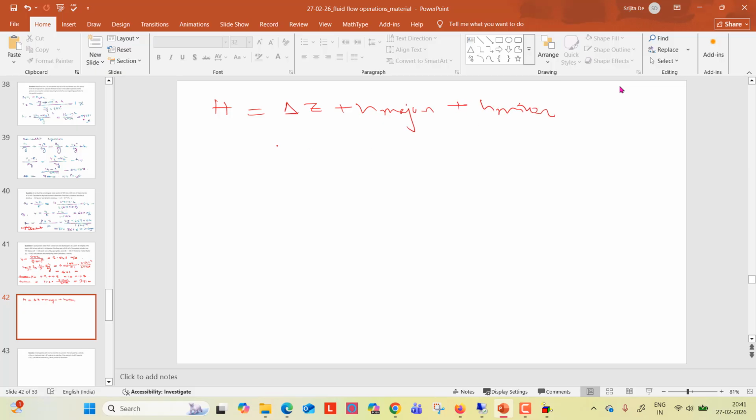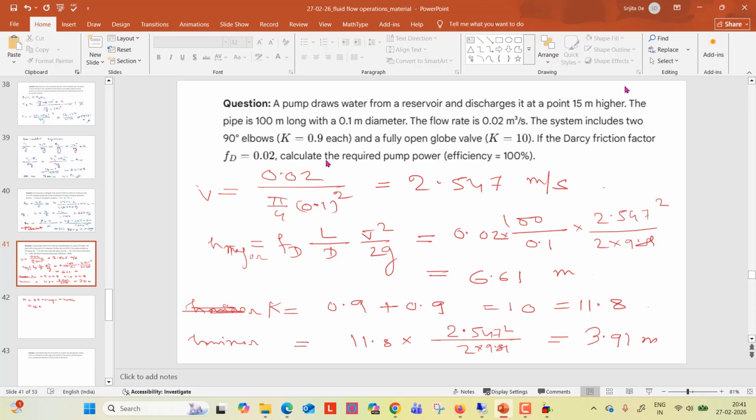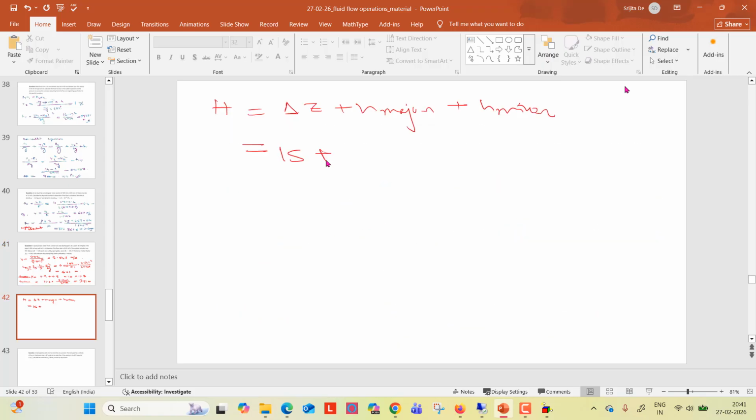So delta Z is 15, H major we have calculated as 6.61, and 3.91. 15 plus 6.61 plus 3.91 is coming as 25.52 meter.